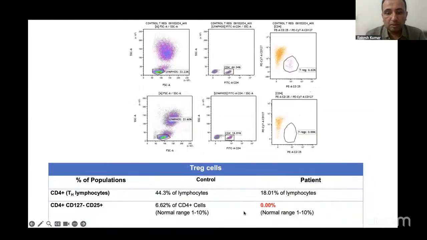Because of the suspicion of T regulatory defects, the Tregs were assessed. We see Tregs on CD4 cells as CD127 negative and CD25 positive cells; in control there was 6.62%, while in the patient almost absent, 0%. So Tregs were almost absent in this child.